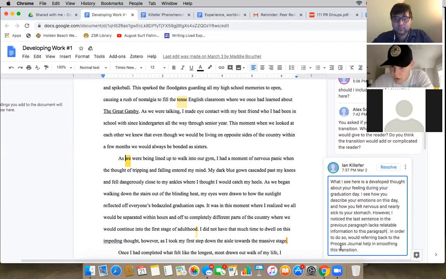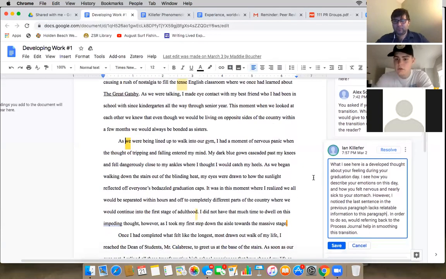All right. So, however, I noticed the last sentence in the previous paragraph lacks relatable information to this paragraph.